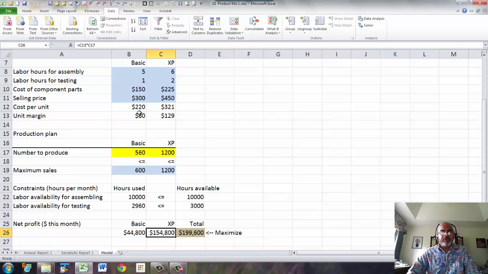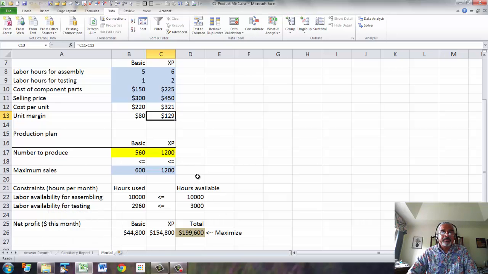What would happen if the unit margin is different? Instead of $80, what if it is $70 or $90? And similarly for XP, what if it is not 129 but something else? In what way will the solution change?